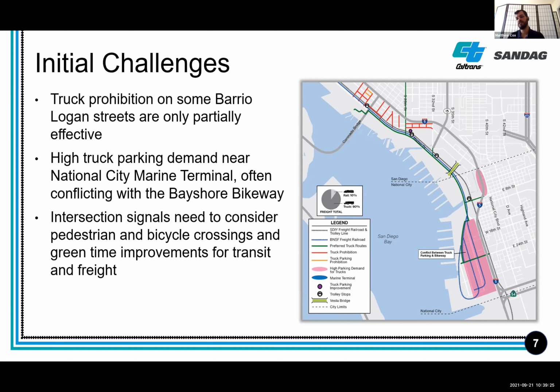And finally, the last challenge that we've listed here is that intersections along the corridor aren't coordinated in a way to provide priority for cyclists or pedestrians, or potentially improving the signal green time for transit and freight vehicles. And that goes back to the potential for freight and transit signal priority systems in the area.